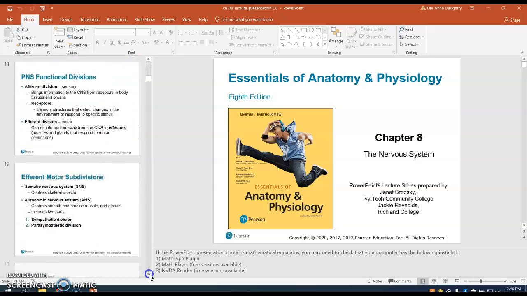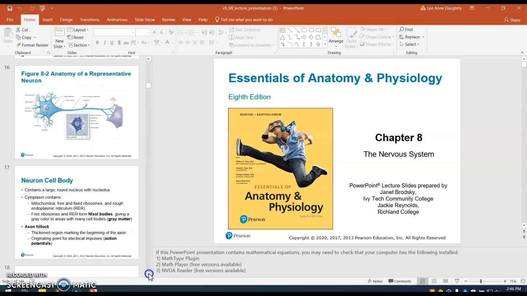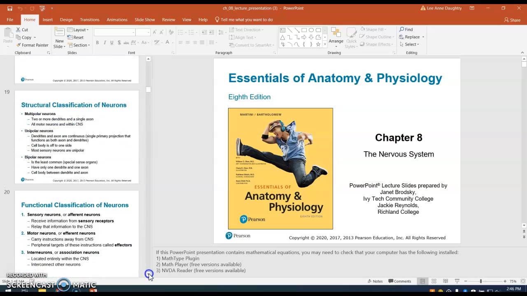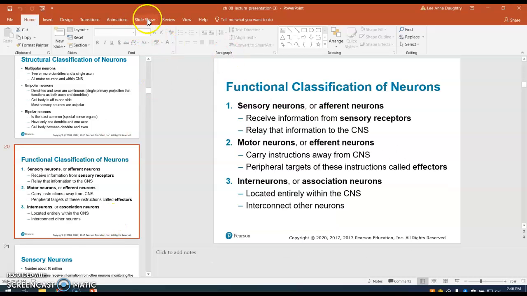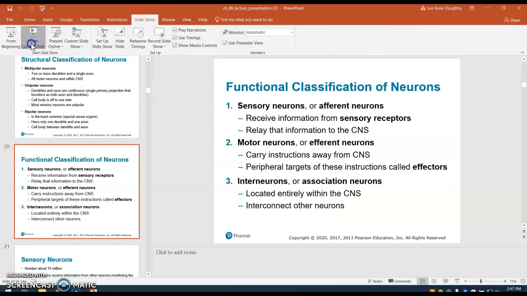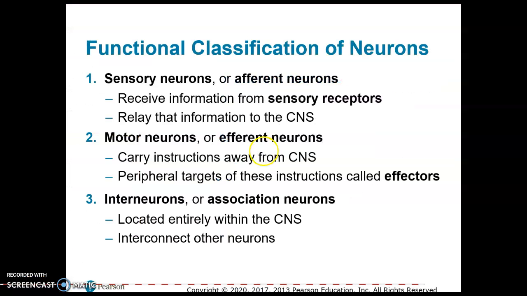And now let me find where we left off. Okay, and this is the last slide that we were on. Oh, this bugs me when this happens. I'm sorry. Hold on.